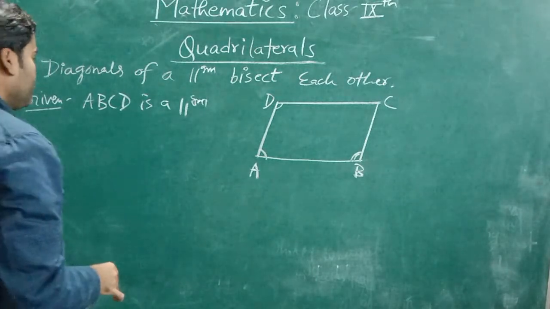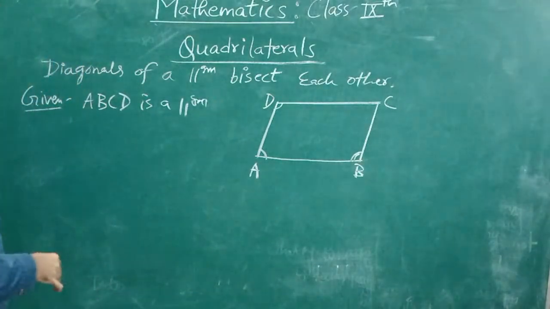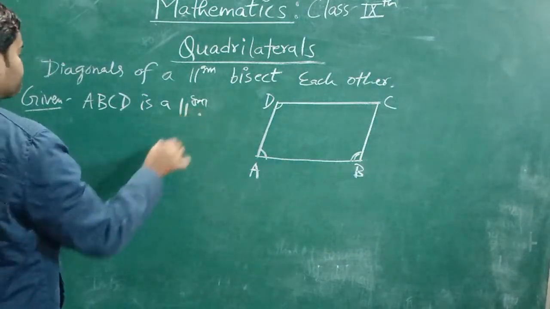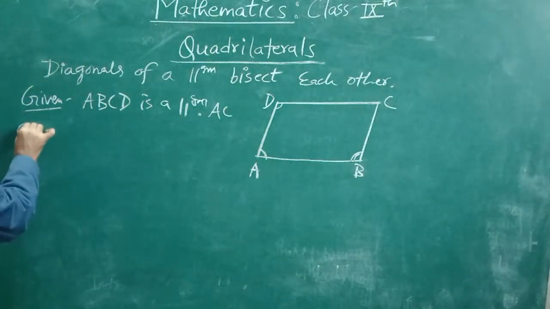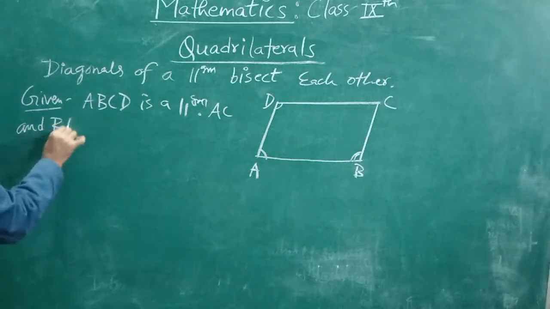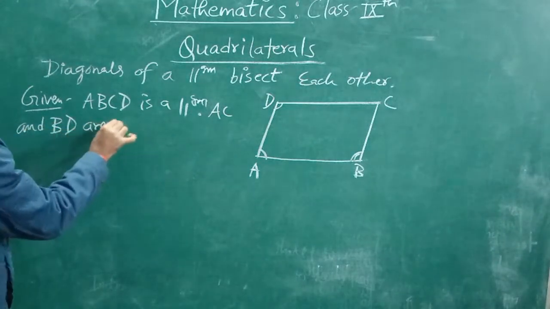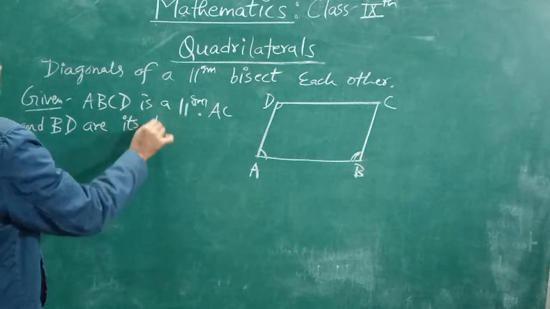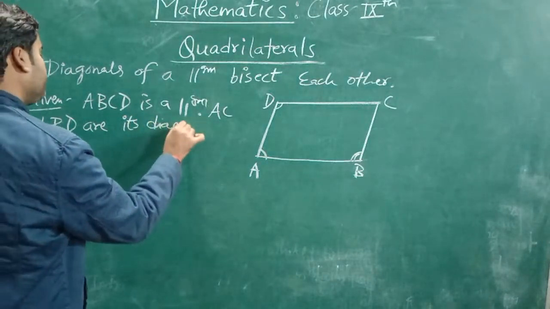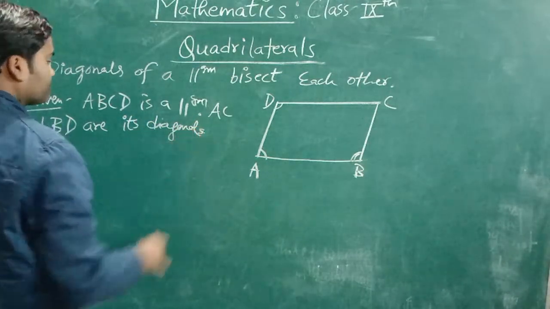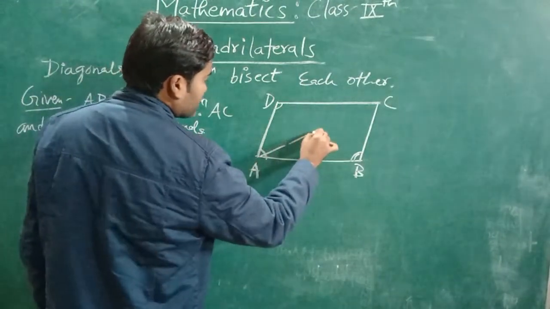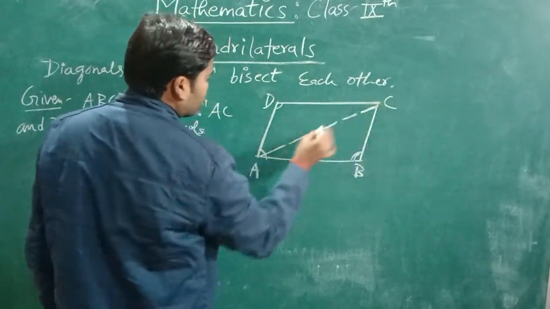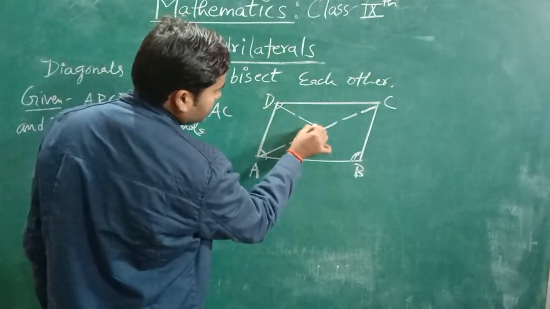So, in this problem, ABCD is a parallelogram. It is given, and AC and BD are its diagonals. Join AC and BD.